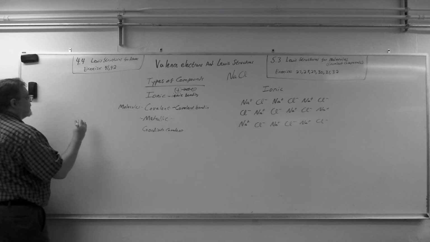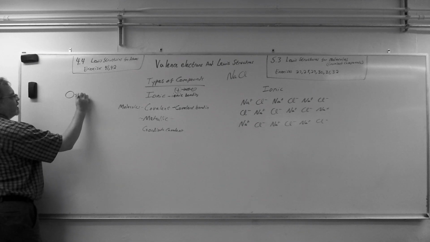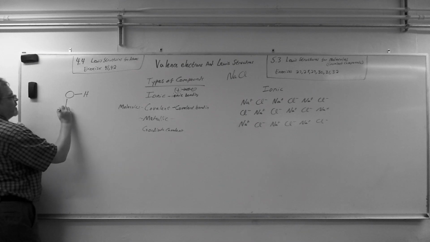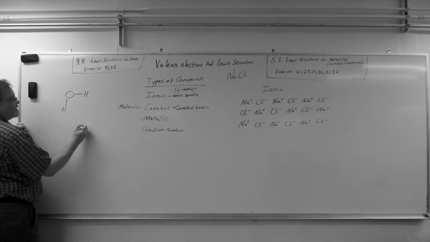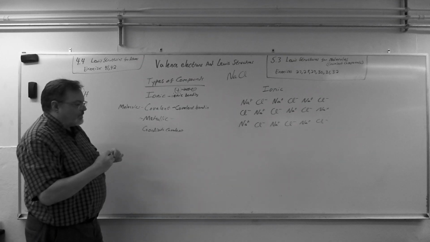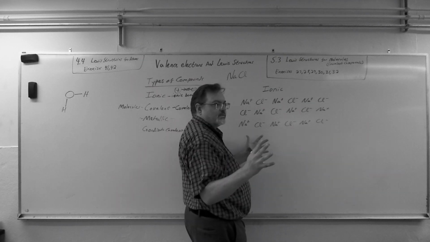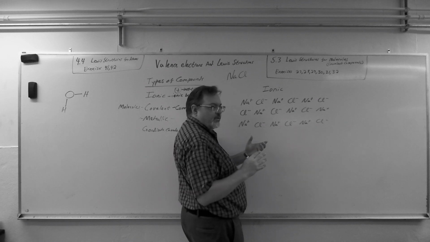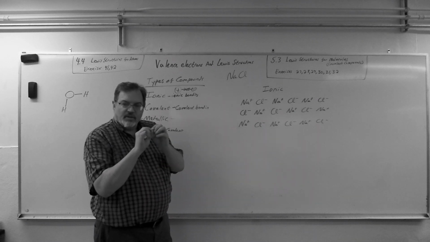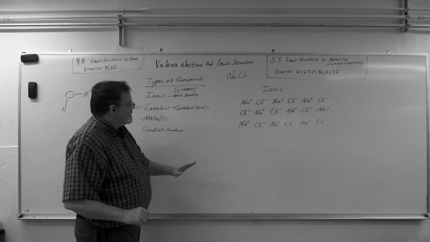So I'm going to show you a molecule now. I'll do water. There's an OH molecule. Like if you had a sample of NaCl, it's going to be basically like this. You can get one huge crystal of NaCl, but usually they break off in little grains. We have that structure.